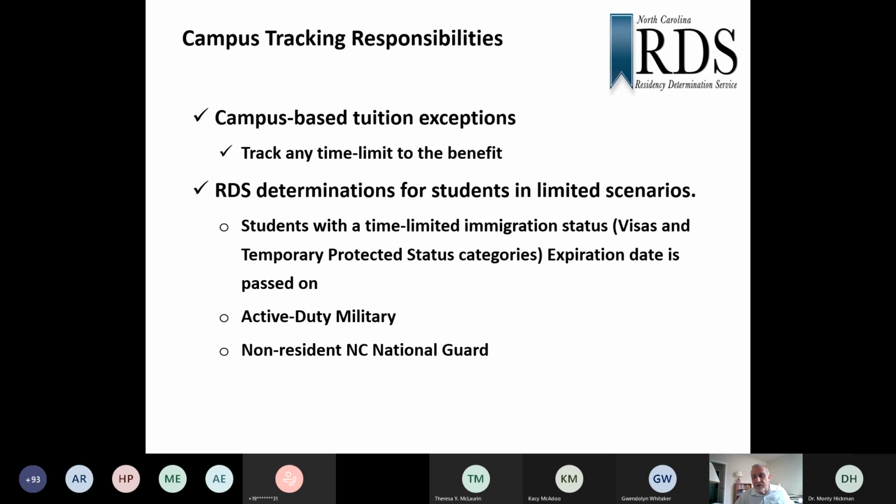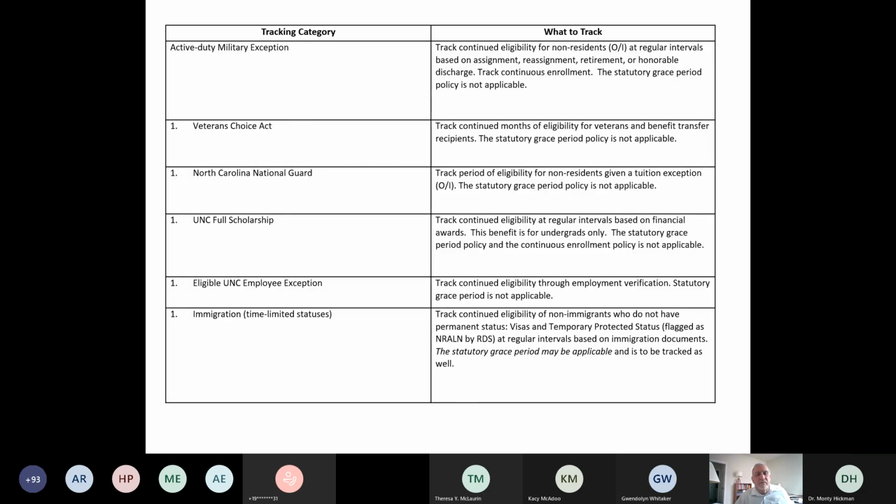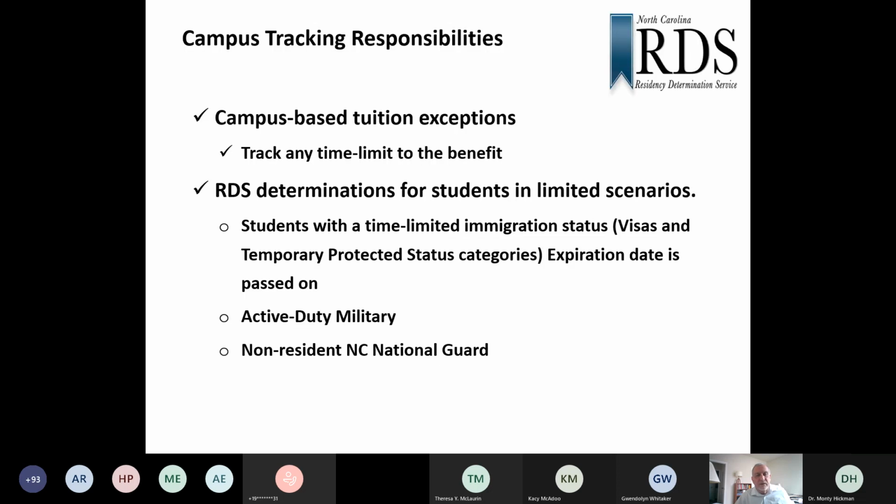Okay, honorable discharge. Yes, the discharge has to be honorable, but again, that's more on the veteran side. Let me see if we can come back to that. There are things about keeping it, but I'd rather come back if we have time. I want to hit a couple of the other things that are a little more common, before we get to those weird scenarios.